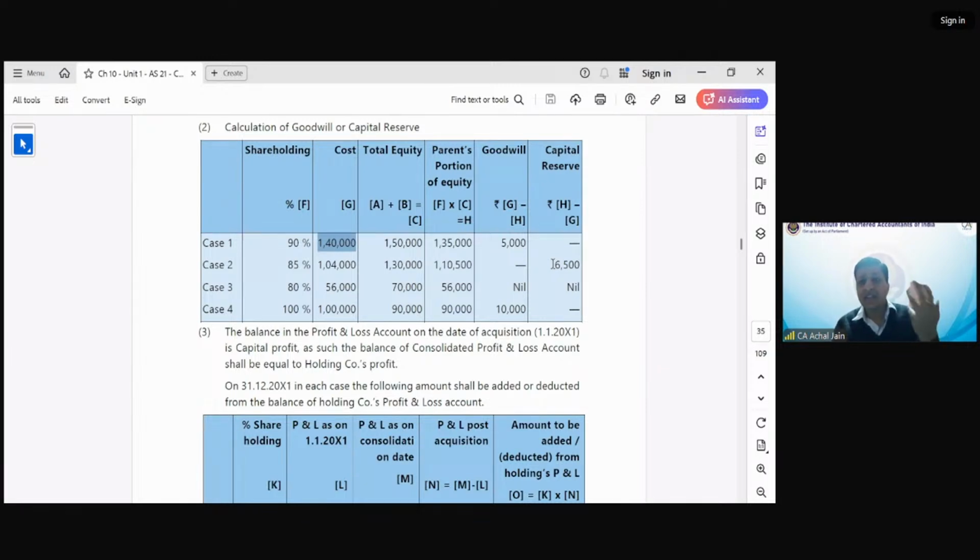And you may be thinking, sir, is it possible? Yes, that's possible. There's absolutely no problem. It may happen there's no goodwill or there's no capital reserve. Completely okay. Case 4, again, you have a goodwill, right?